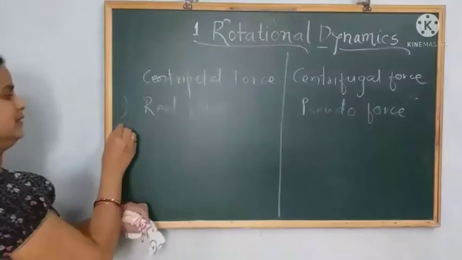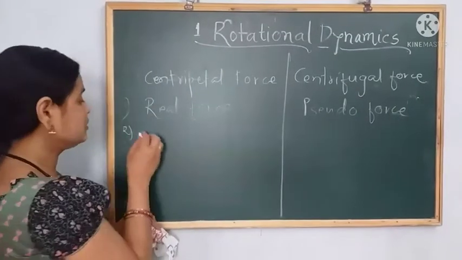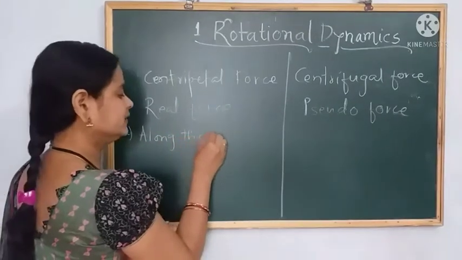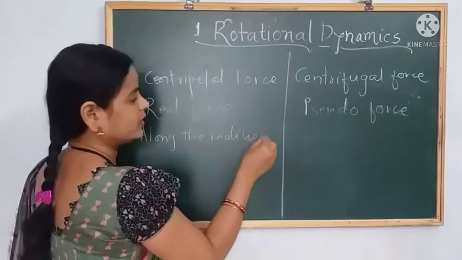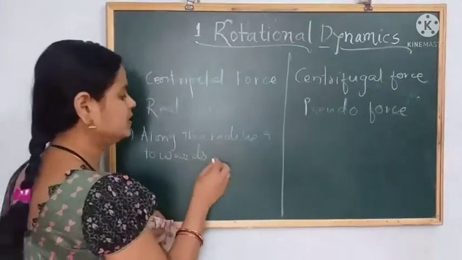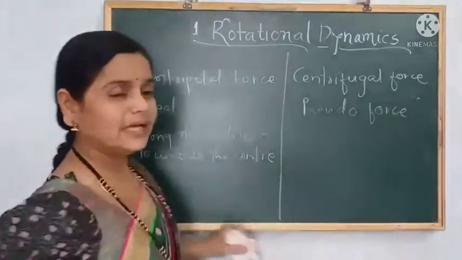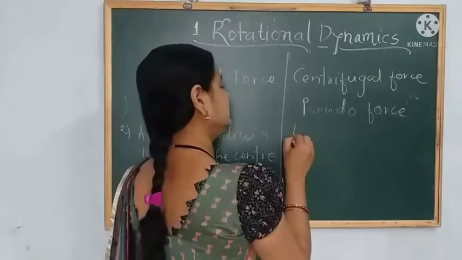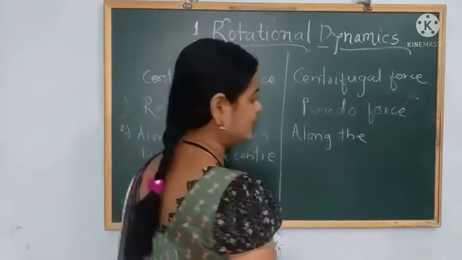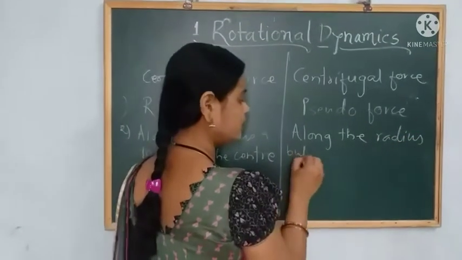Secondly, this centripetal force is always along the radius and towards the center, meaning its direction is towards the center. Centrifugal force is also along the radius of the circle but away from the center.